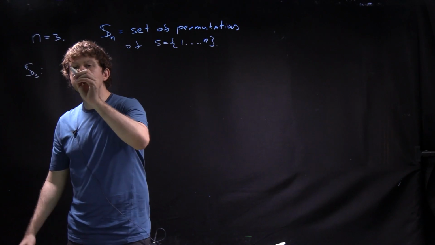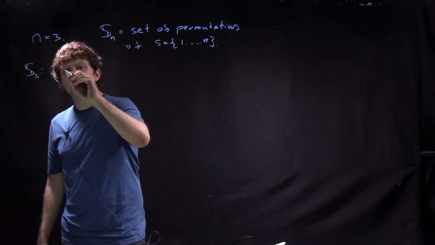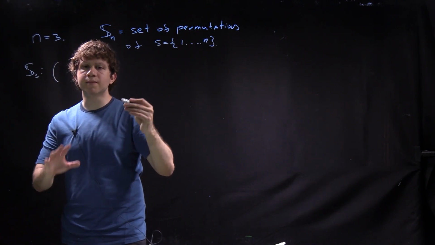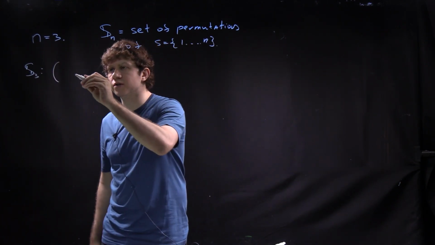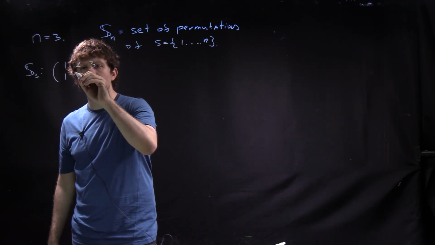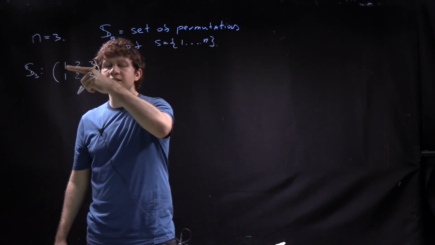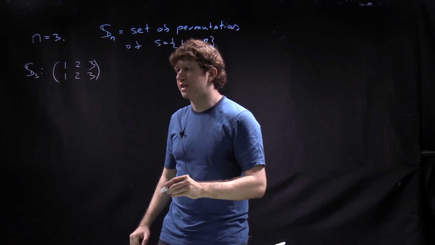So for S3, there are 6 different ways. There are a couple of ways to draw them. I will just draw one after another, 3 ways to visualize permutations. So the first one is this: I take 1, 2, 3 goes to 1, 2, 3, and that means that every element out of 3 stands where it is.